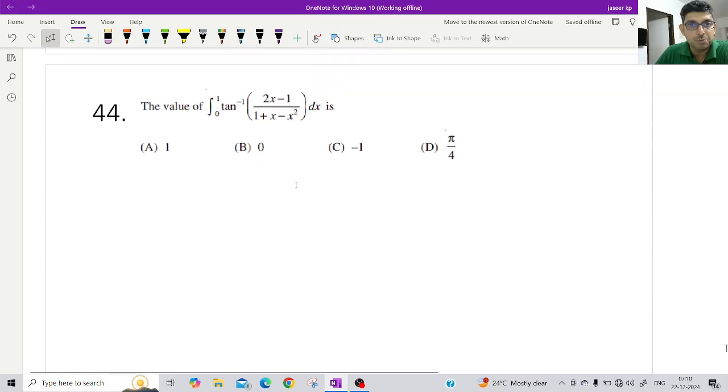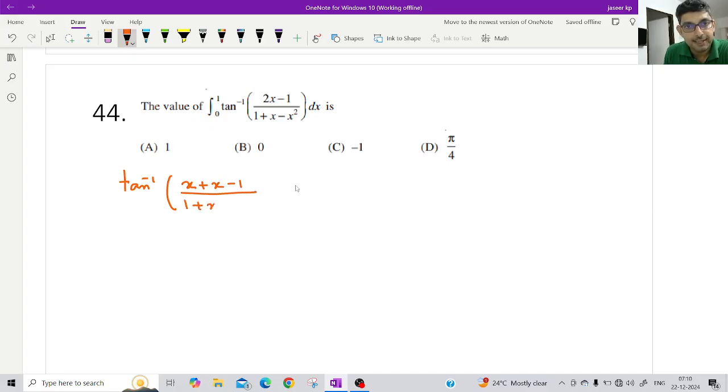Now moving to the last problem, the value of the integral of tan inverse of (2x − 1) divided by (1 + x − x²). So we are using a trigonometric identity here. This can be written as x + x − 1, and this is (1 + x)(1 − x). So again the numerator can be written as tan inverse of (x − (1 − x)) divided by (1 + x(1 − x)).